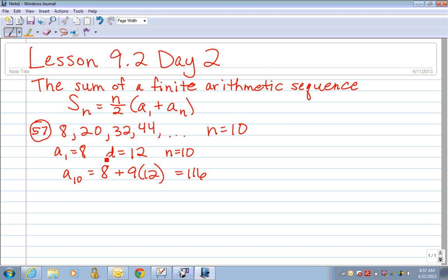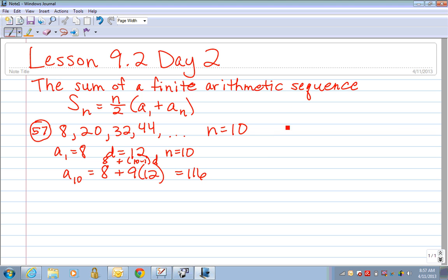I could write just above here, this was the a sub 1 plus the n minus 1 times the d. So that's where the 9 came from. But we get 116 for a sub 10.